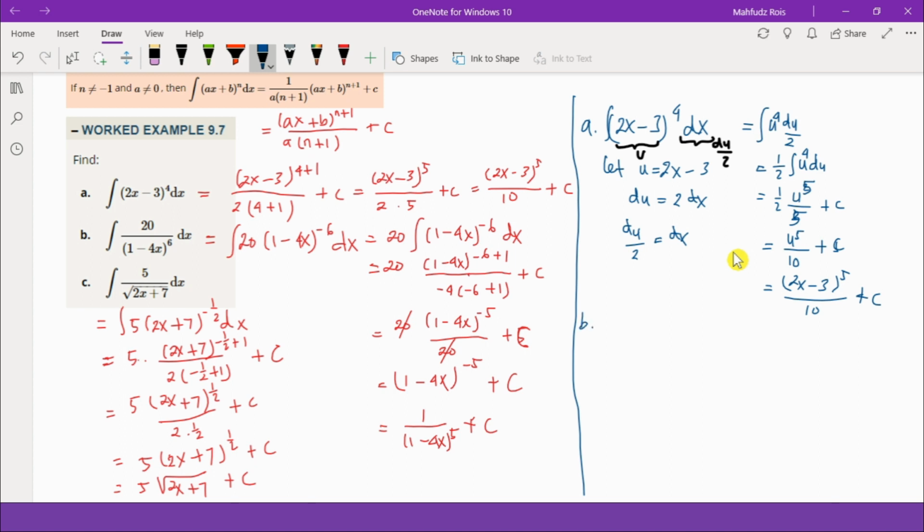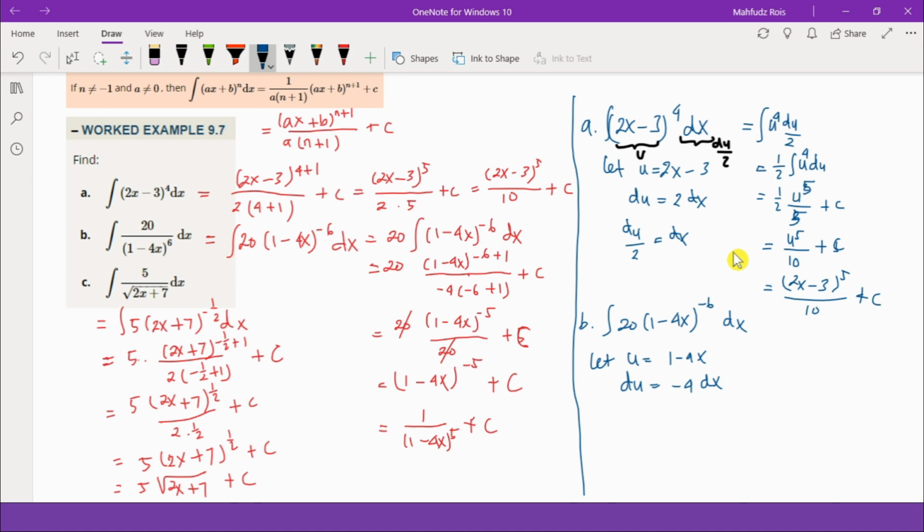How about if we change the same one to 1 minus 4x, and then minus 6 dx, like this. Let u equal 1 minus 4x, then du will be minus 4 dx, right?